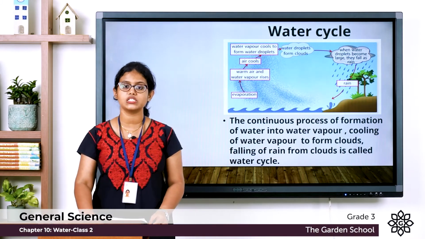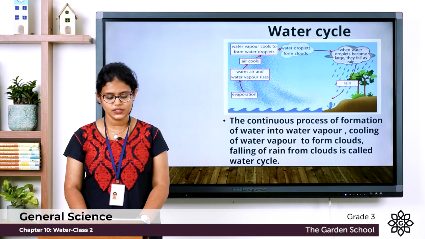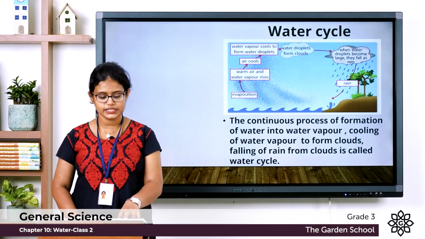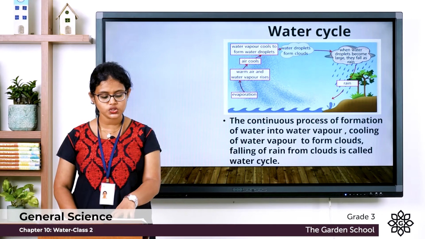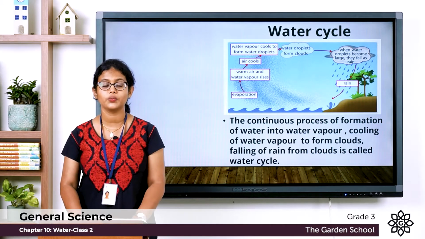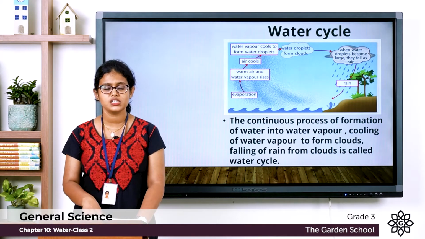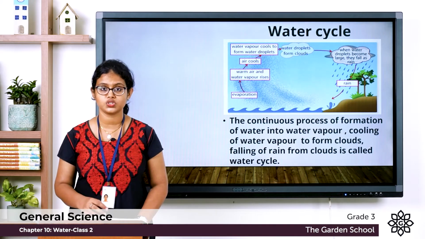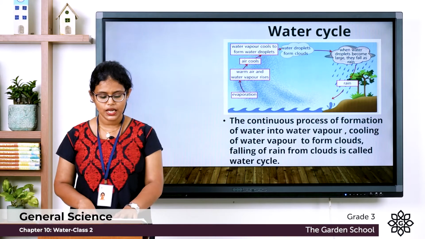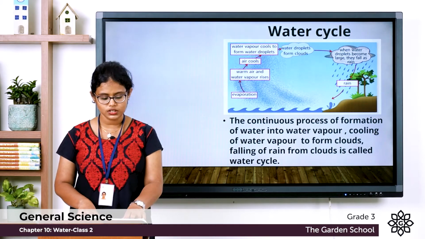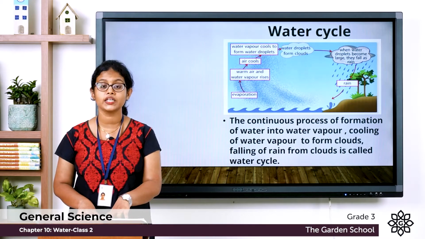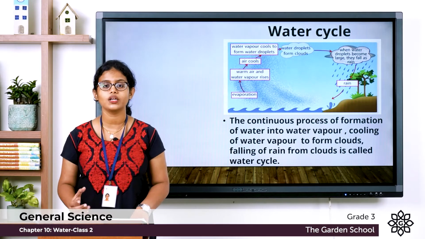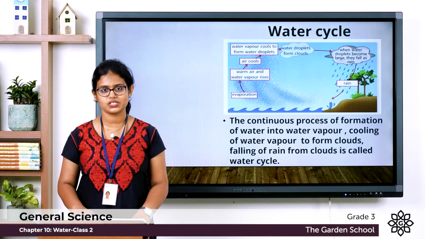Moving to page number 102, it is given, several places in India face severe water shortage during the summer months. We know that the summer season is very hot and we face water shortage during this period. Many people collect rainwater in underground tanks and use it, and that we call rainwater harvesting.